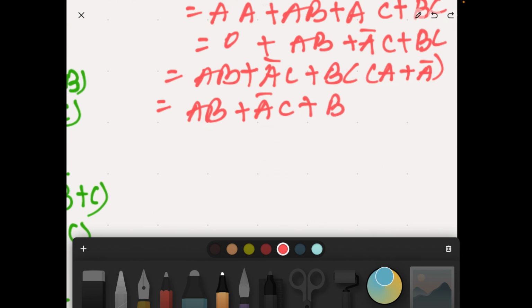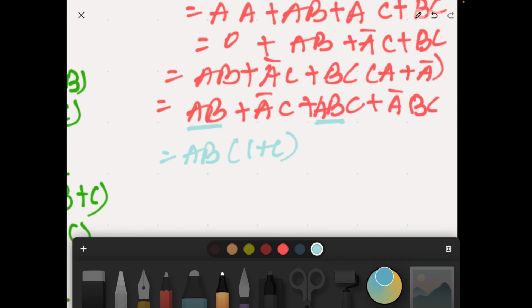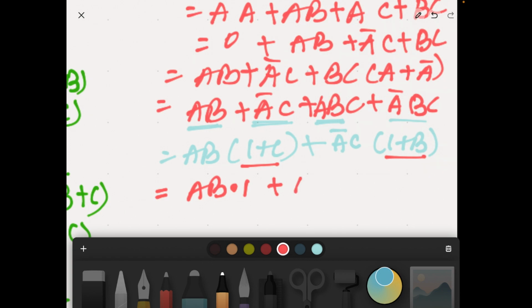You will have ABC, let me write it down like that, and A bar BC. Okay, now AB is here, AB is here, so let me take this AB out: 1 plus C, and A bar C, so then A bar C out: 1 plus B. We know what happens to this, and according to the law that becomes equal to 1, right? So we get the answer AB plus A bar C, which is equal to your LHS.